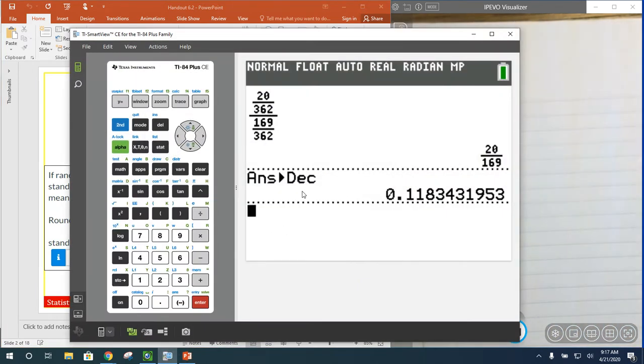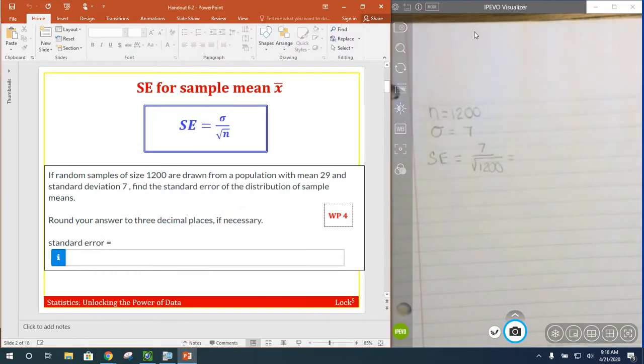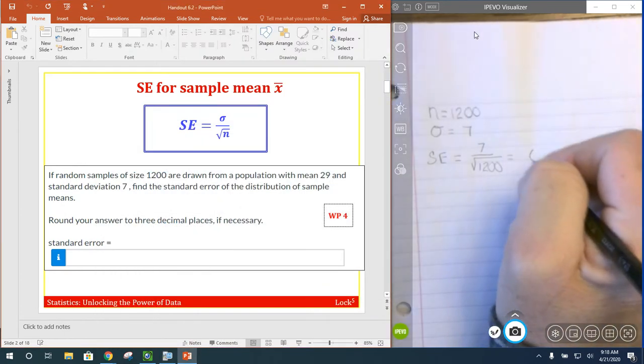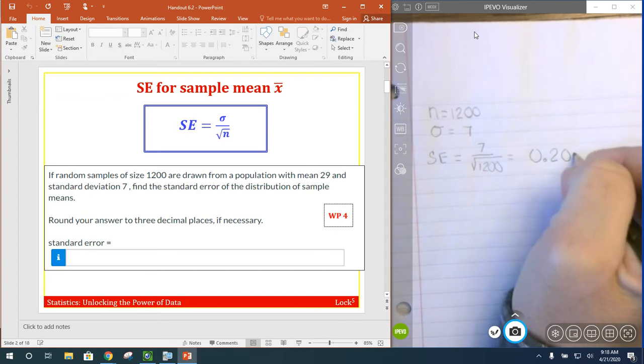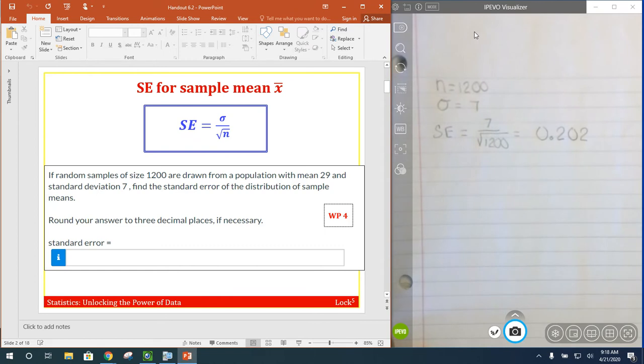Clear everything. Much better, right? So I'm going to take 7, divide it by second square root, and it was 1,200. I'm going to get about 0.202. So we have a standard error of about 0.202. And remember, this would be my distribution.